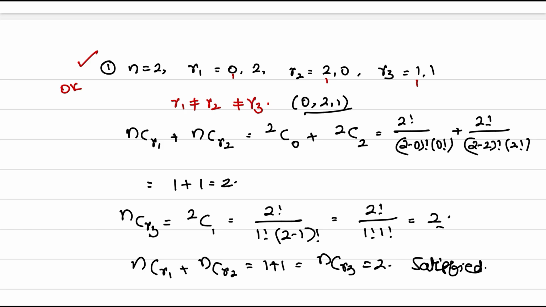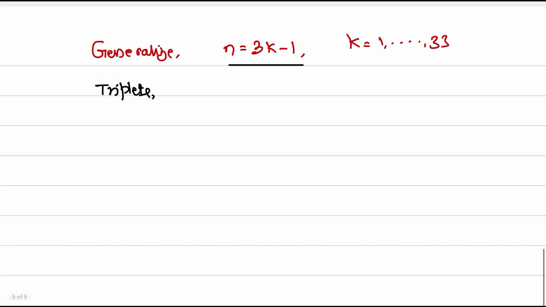R1 is 0, 2, 1, like that. Can we apply triplets?